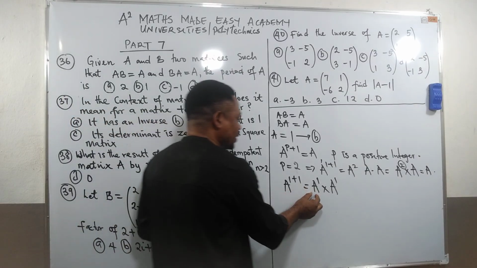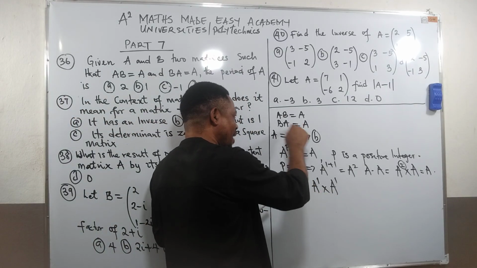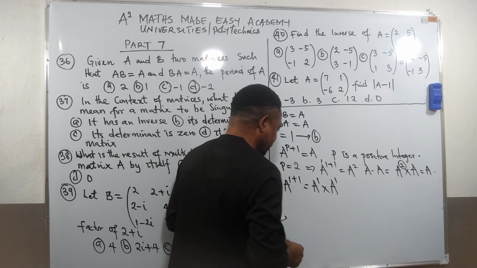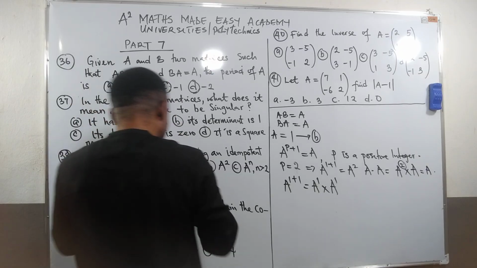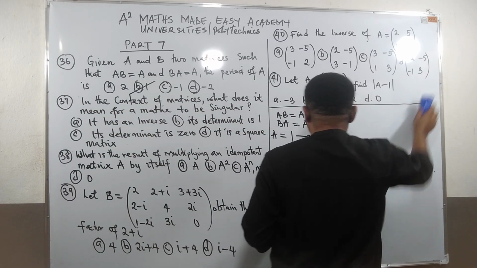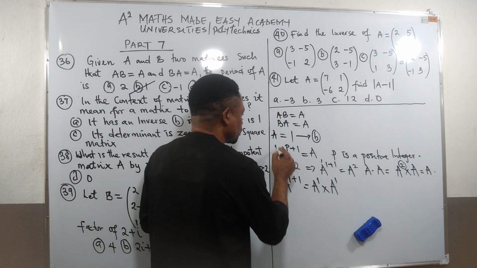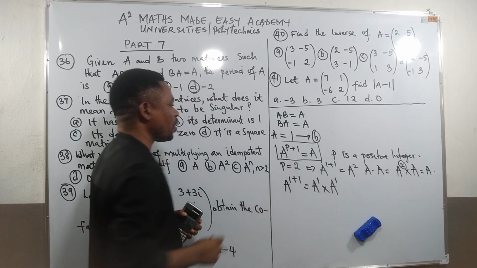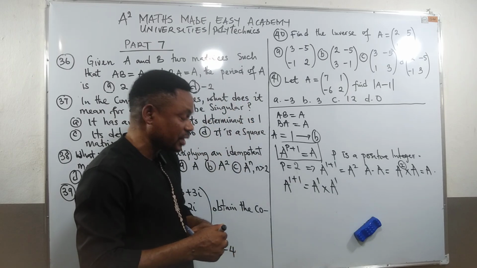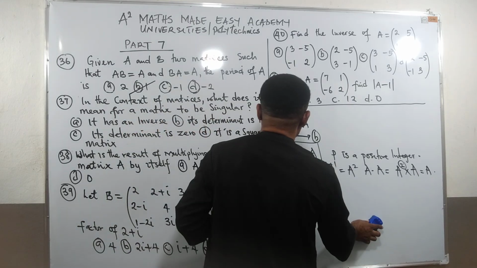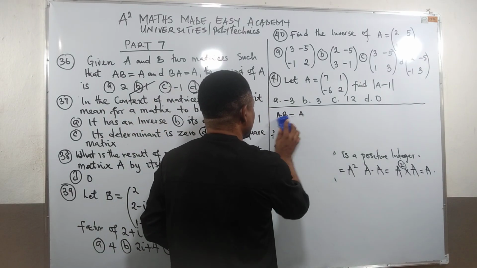When you multiply this and this, it reflects back to the original matrix, which is A. So the answer is option B. Have I made myself clear? That is what we mean by periodic matrix. It is just a square matrix where A raised to power P plus 1 is equal to A and P is a positive integer. I have explained it.